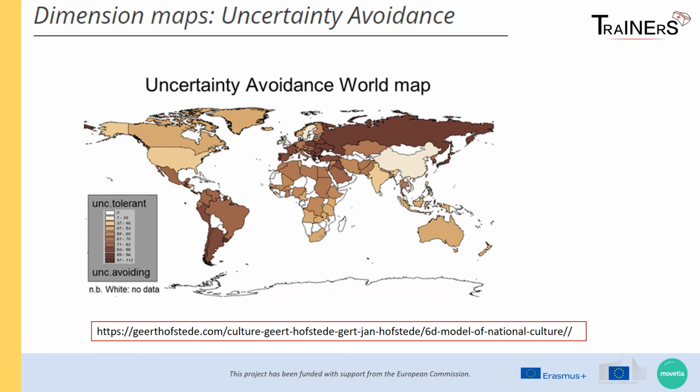Again, we present you the map taken from the Hofstede website, where you can see how uncertainty avoidance is distributed around the world.